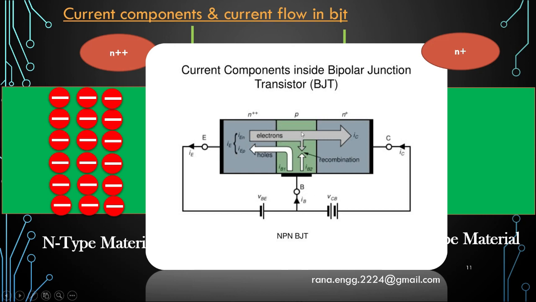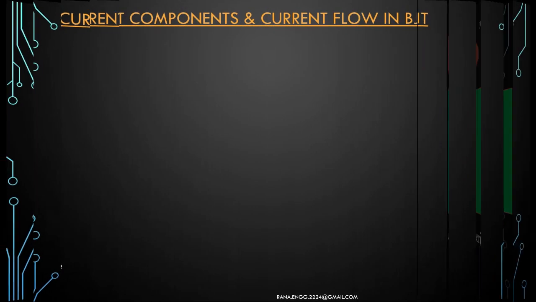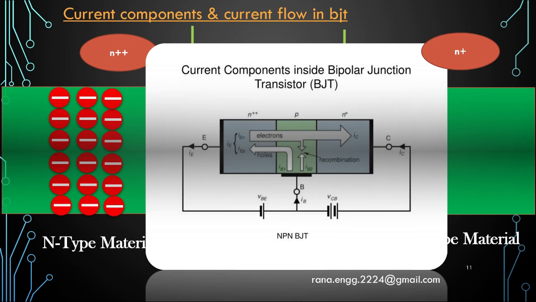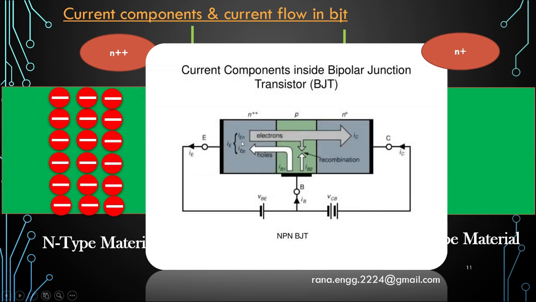So here we can see the various current components. On the left side you have N type. When it is N type, you get two types of current. In the N side you have electrons, which are the majority carriers. Along with that you have a few holes, which are minority carriers. So you get current due to electrons, say this is IEN.